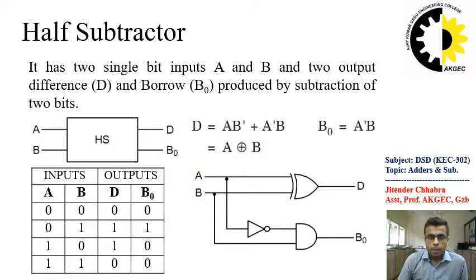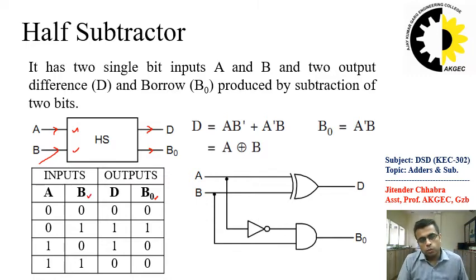When we look at the block level representation of this half subtractor, there are two inputs, A and B, and two outputs, difference and borrow. So inputs A and B and outputs D and B naught. B naught represents the borrow. The naught is appended to avoid confusion with the input B.